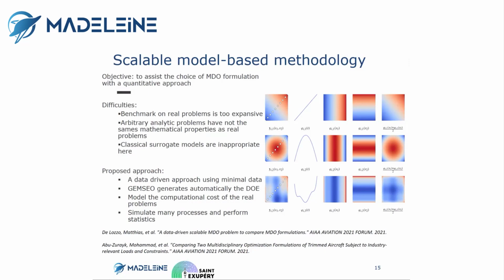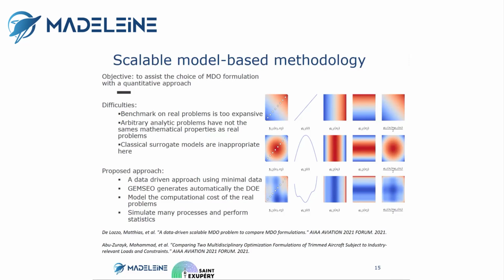And especially this choice depends on the size of the problem, so the number of design variables and the number of coupling variables. But we can't benchmark the formulations on real high-fidelity problems and, on top of that, vary all those dimensions. This would be way too expensive, and it wouldn't be usable as a guideline.